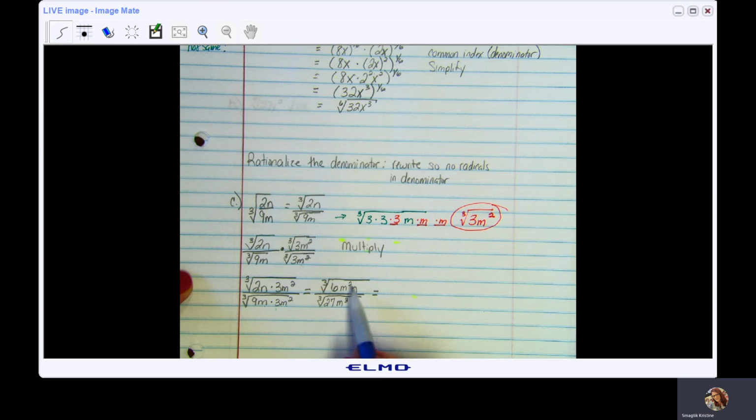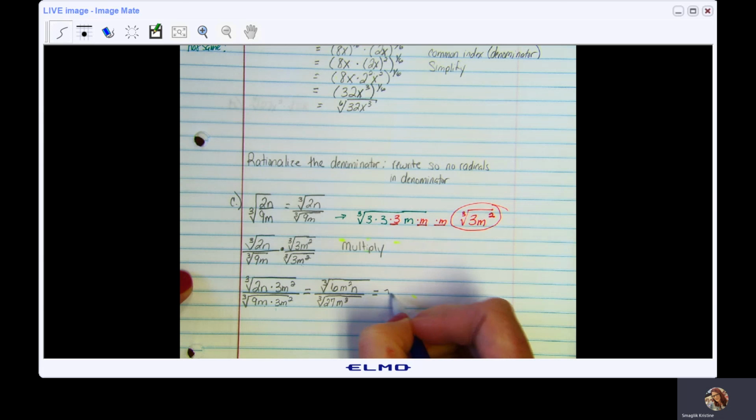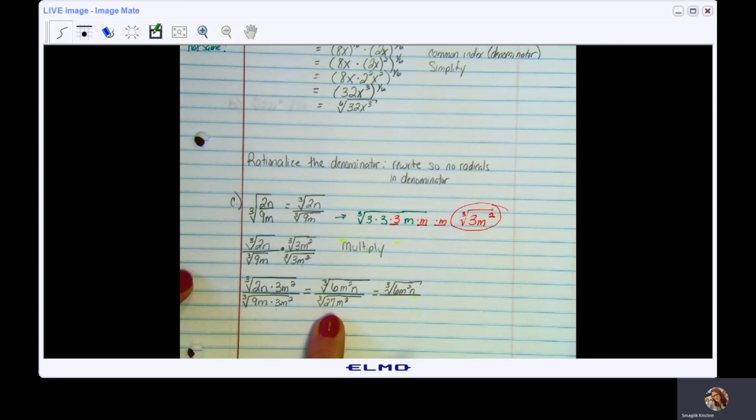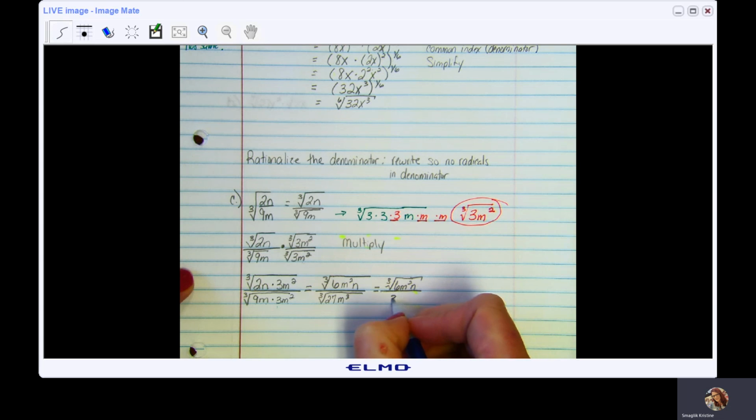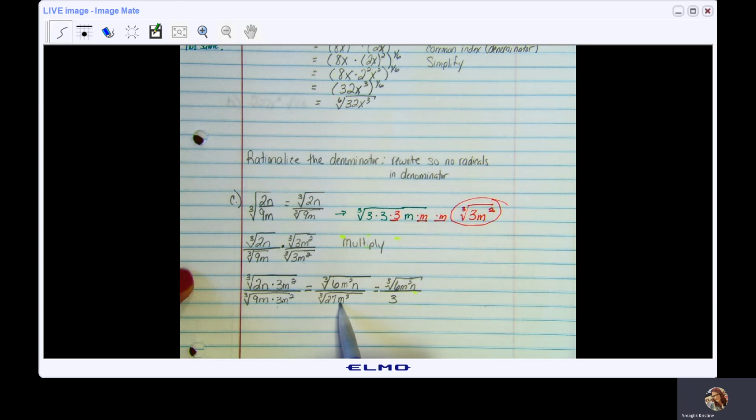Now notice in my numerator, I can't simplify this. So it's going to stay index of 3, cube root of 6m squared n all over. But now here, this can be reduced. The cube root of 27 is 3, and the cube root of m to the third is m.